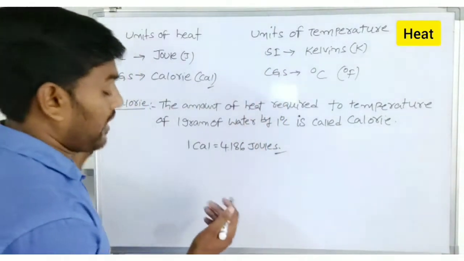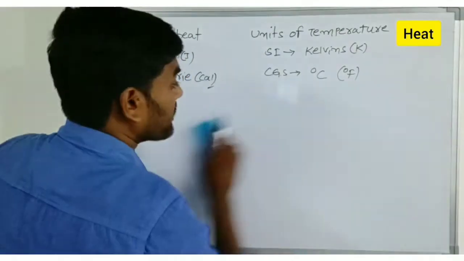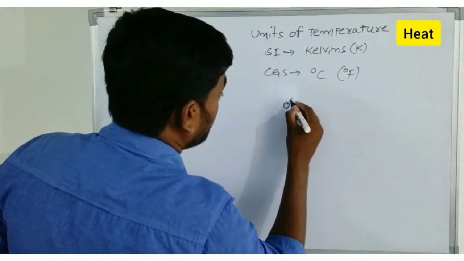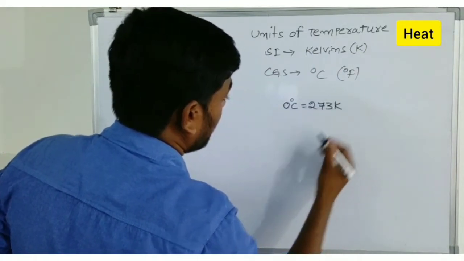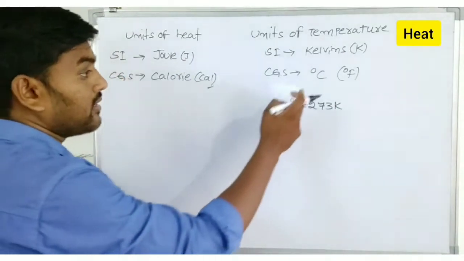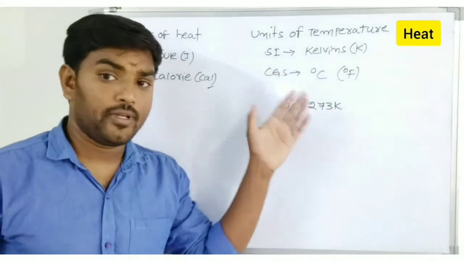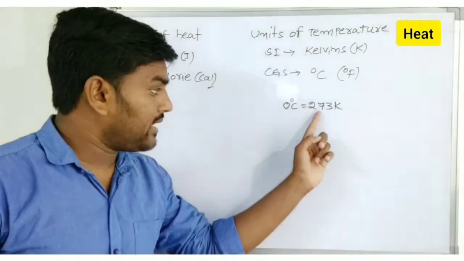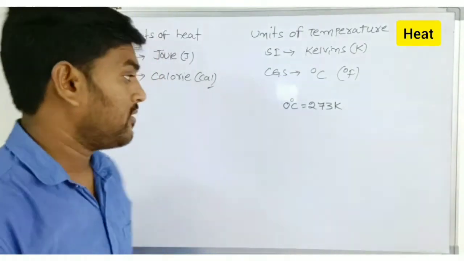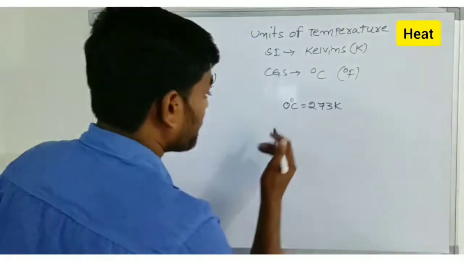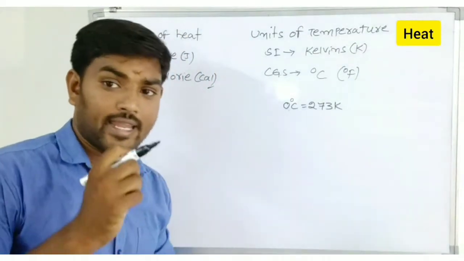How is it possible? 0 degree centigrade is 273 kelvin.